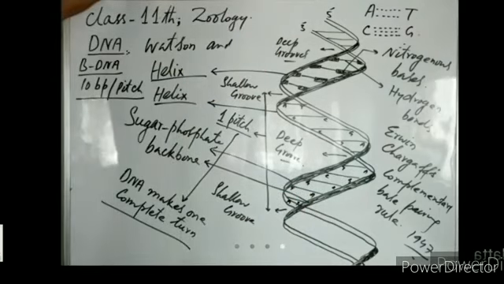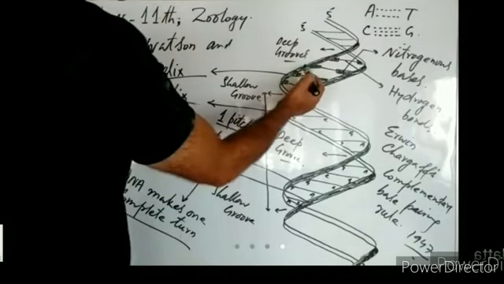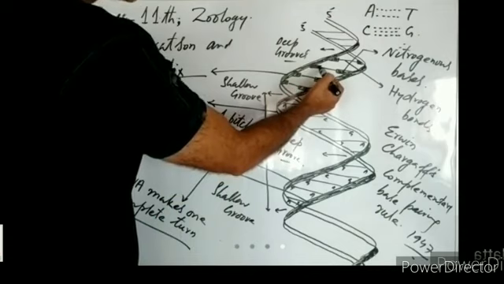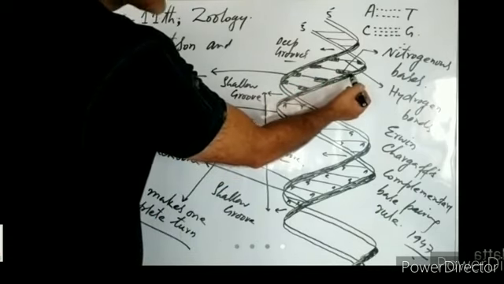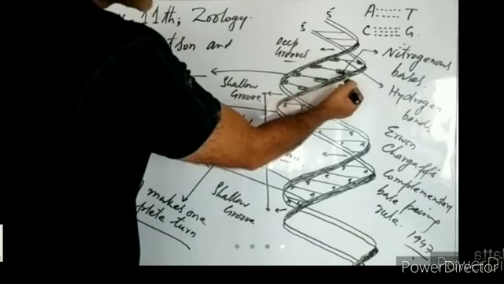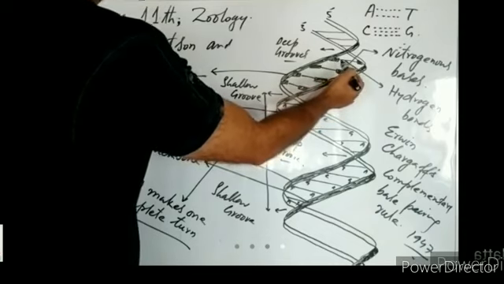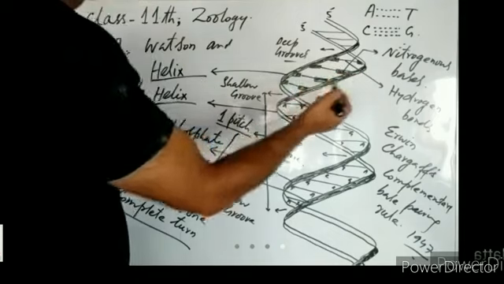So in this way, nitrogenous bases are projecting on the two sides of these helices. This is the sugar phosphate backbone. Attached to this sugar phosphate backbone on this side is a nitrogenous base. This is also a sugar phosphate backbone, with a nitrogenous base attached on this side. And hydrogen bonds are formed between these nitrogenous bases.